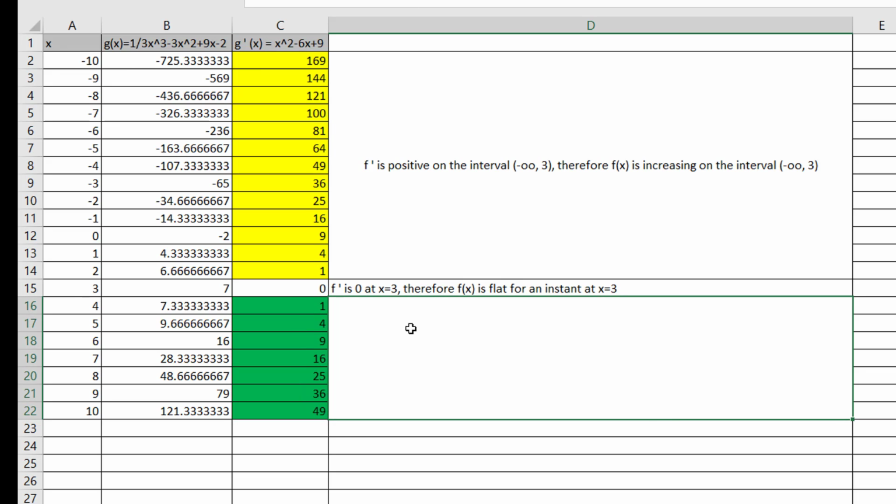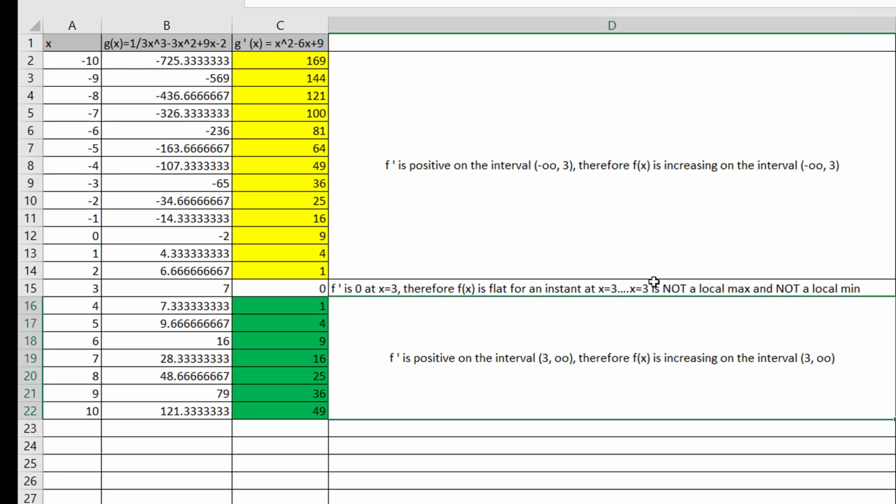Therefore, on the interval from 3 to infinity, f of x is increasing. Now we know f is increasing, then flat, and then still increasing. Therefore, we can conclude x equals 3 is not a local max and not a local min. And since this was the only critical point, we can conclude that f of x has no local max and no local min.